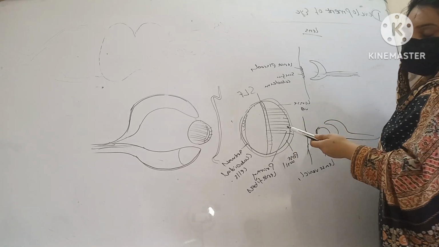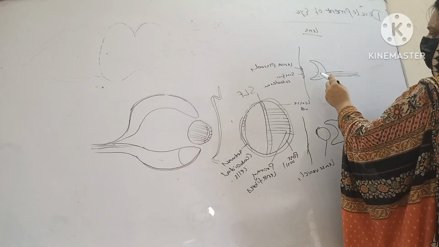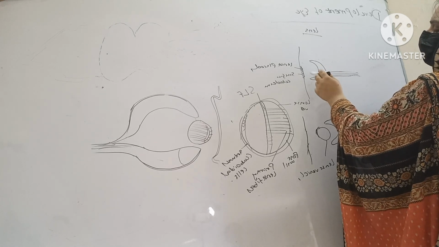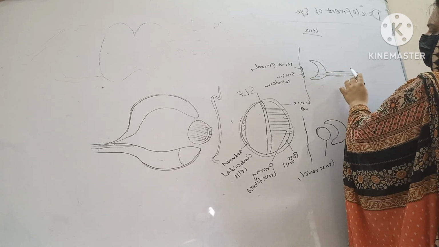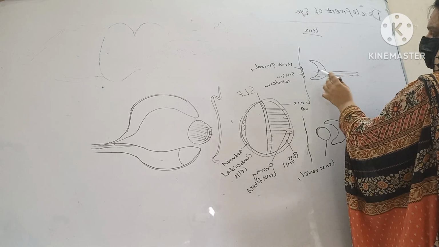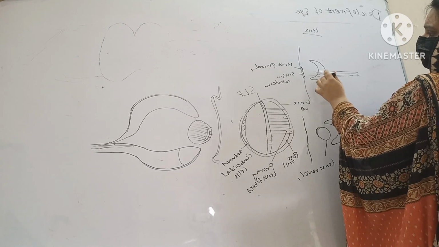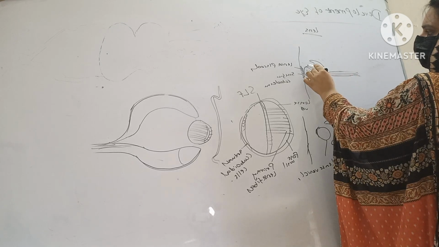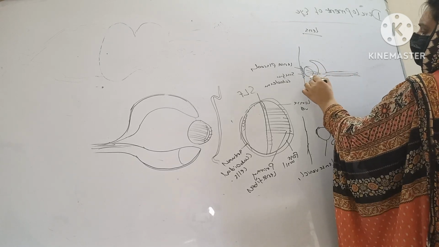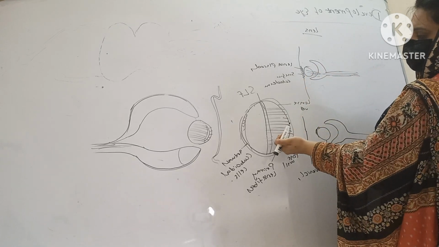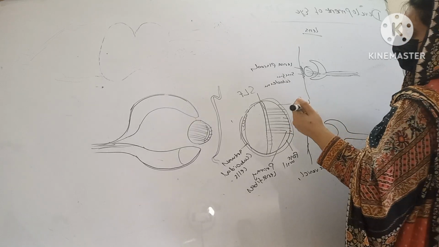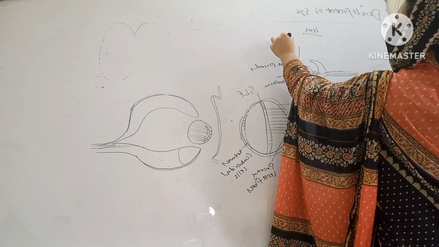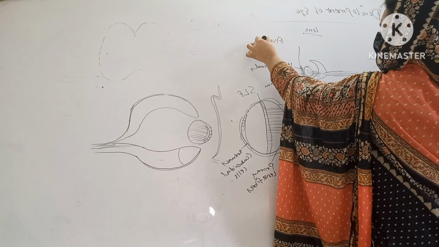But later on, what will happen? The hyaloid artery, the distal part, will vanish and disappear. Only the proximal part will remain. The distal part, which was supplying the lens vesicle or the lens, disappears. So in later life, the lens becomes avascular. If an MCQ comes, then your option must be that the lens is avascular.